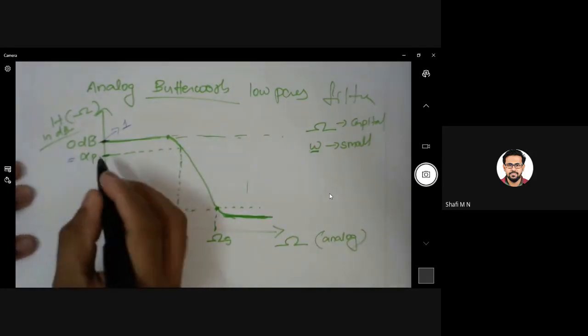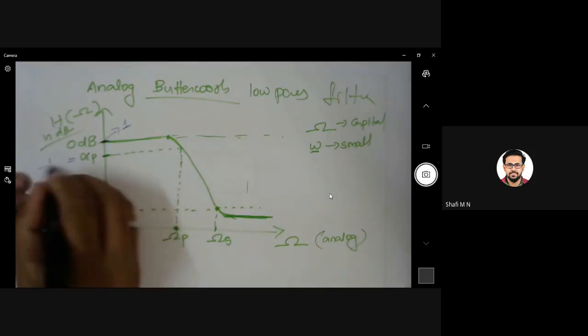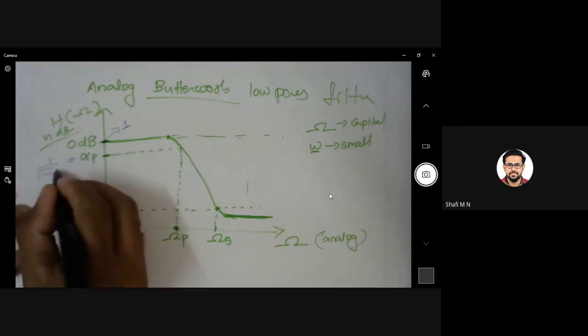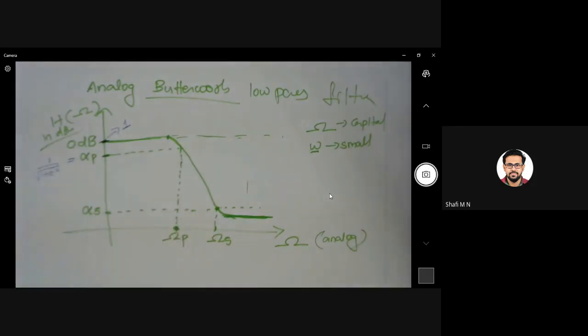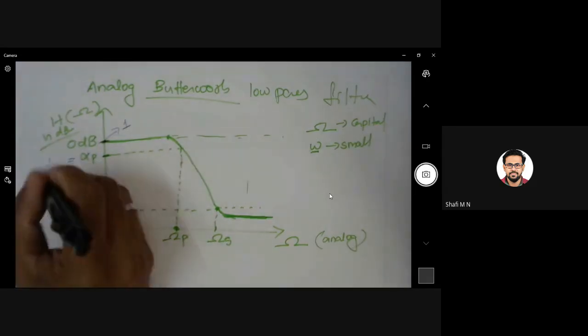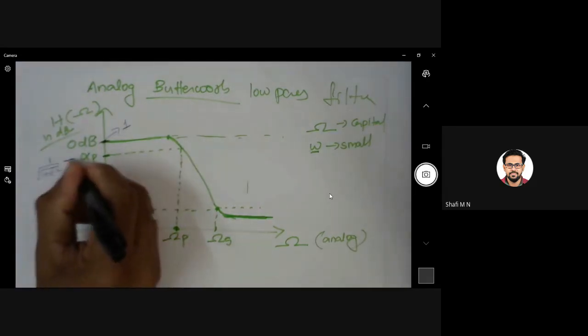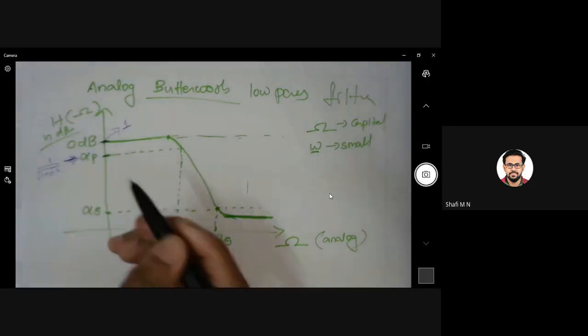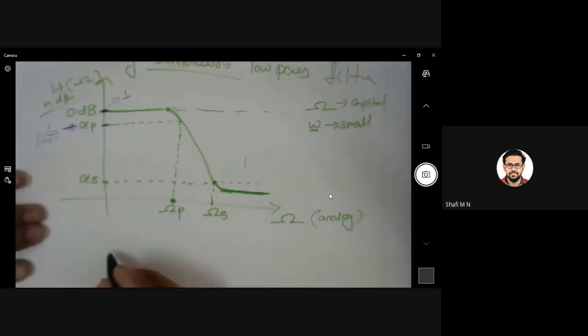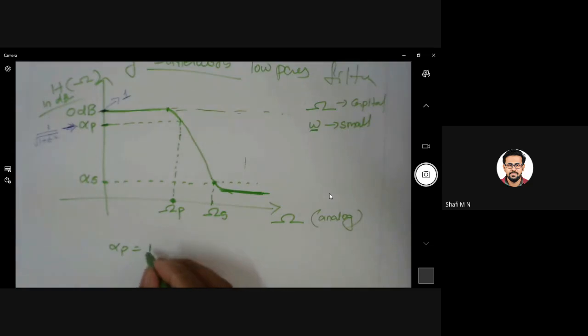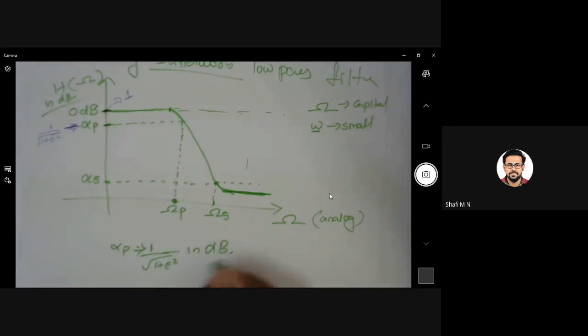Similarly, for alpha P, at this particular point the gain will be 1 by root of 1 plus epsilon square. There is a term called epsilon. So alpha P is 1 by root of 1 plus epsilon square expressed in dB.